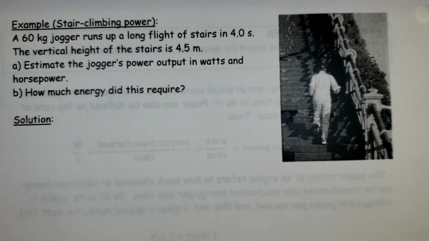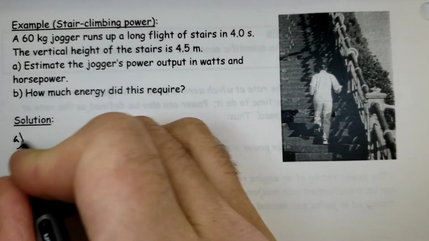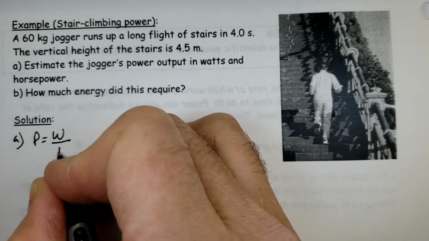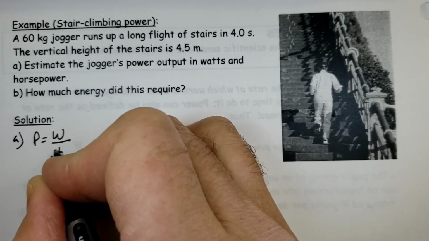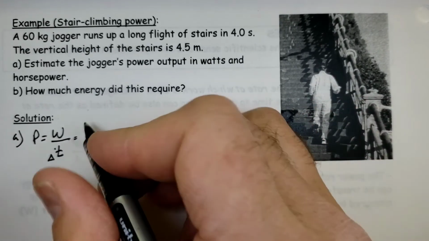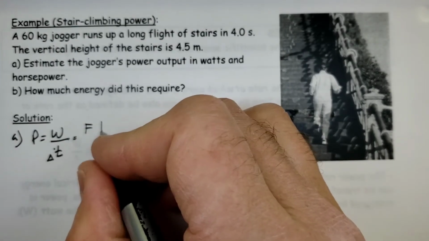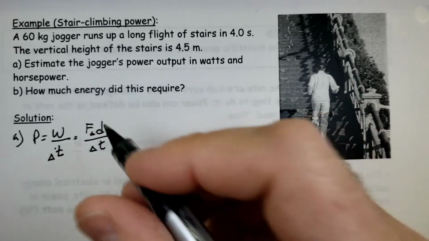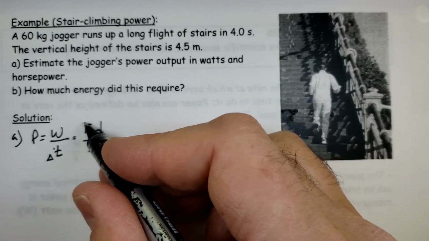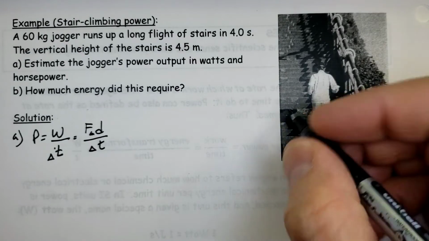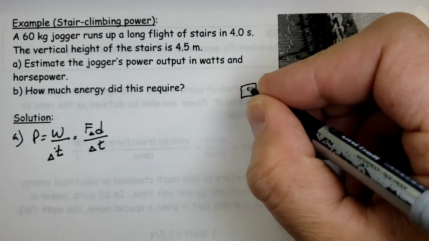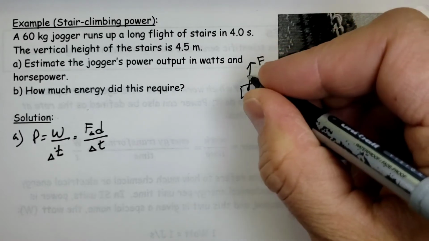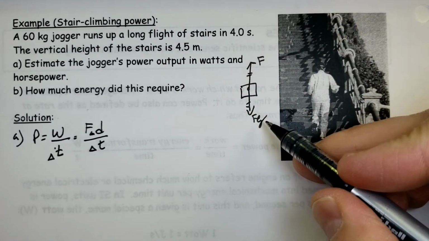Okay, so if we're looking for power, power is equal to work over time. Now work is force multiplied by displacement, over time. And in terms of force, the type of force that someone has to exert, of course, is going to be equal and opposite to Fg.